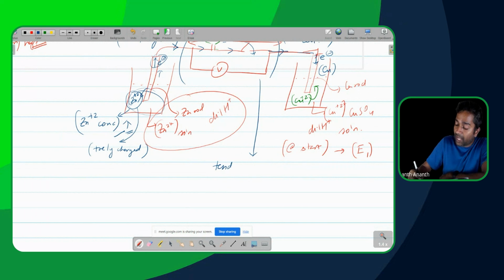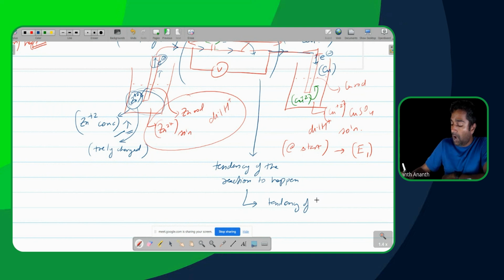It basically refers to how willingly electron flow happens.